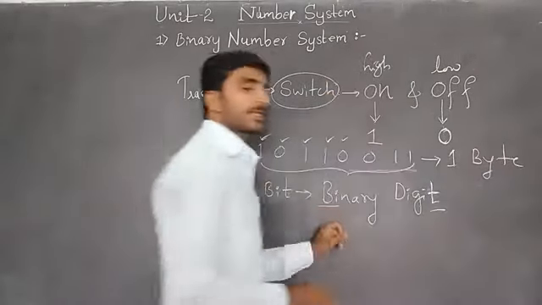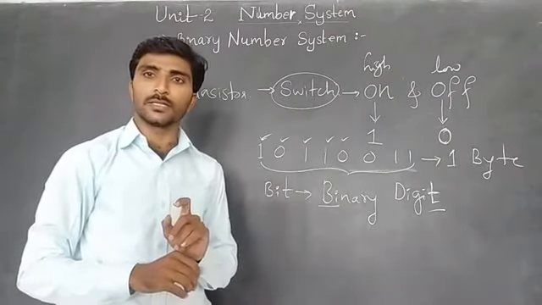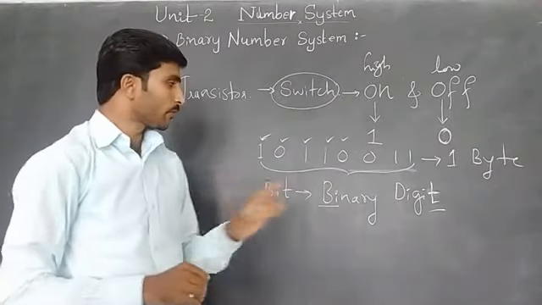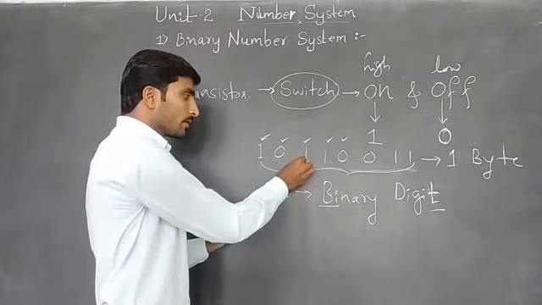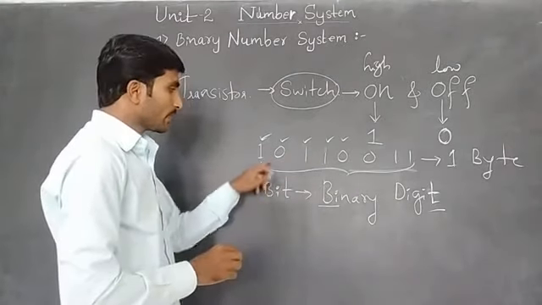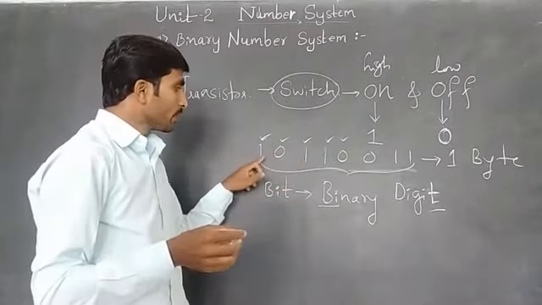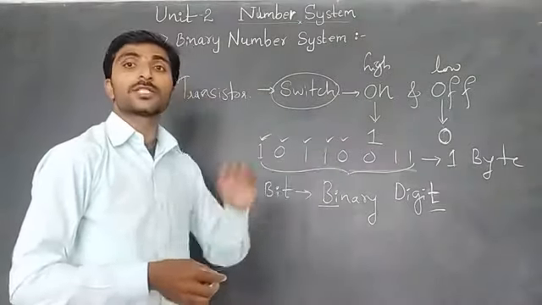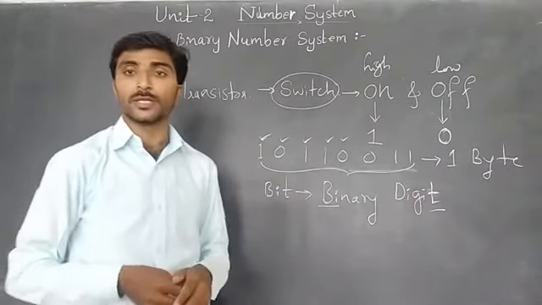Now tell me, 1 byte is equal to 8 bits. 1 bit is a binary digit, or one number we can say, in the form of zeros or 1. See, 0 is also a digit, 1 is also a digit. So we can say that is a bit. In computer terminology, this is 1 bit, this is 8 bit, this is 16 bit, this is 32 bit computer, 16 bit computer, 8 bit computer.